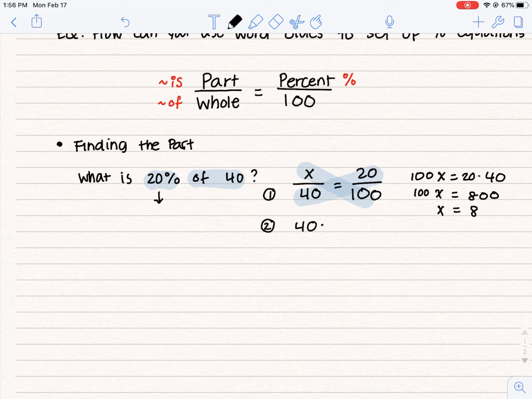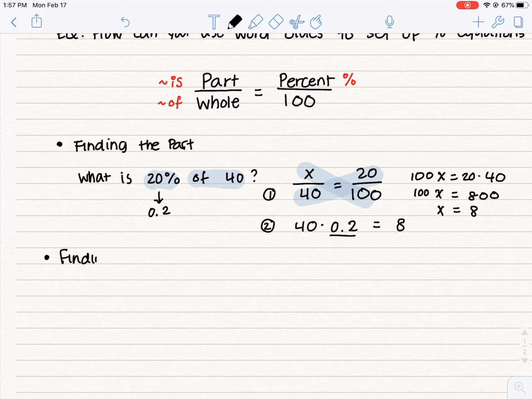So 20% is going to be the decimal 0.2. I'm going to multiply 0.2 by the whole number. If I do that, it's also going to give me 8, because you're moving one decimal point to the left. So either way, you can use it. Obviously, the second way is going to be quicker, but you just have to make sure that you are multiplying with the percent changed into a decimal. So percent into decimal, that's the key point.